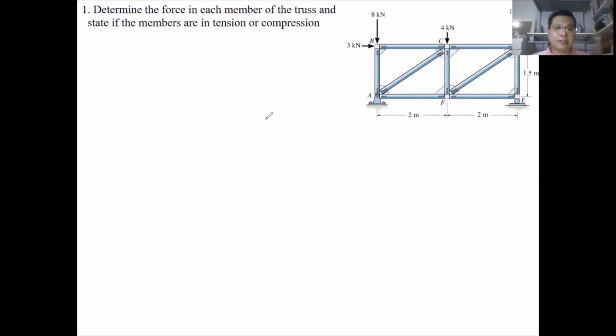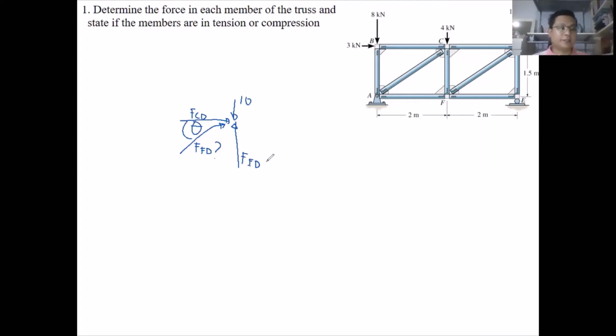Now we can draw the forces acting in joint D. Now start with C and D. Now we have the angle, this one is theta, FD.